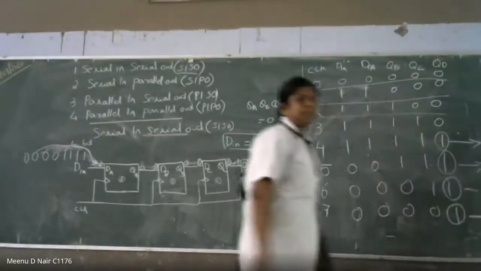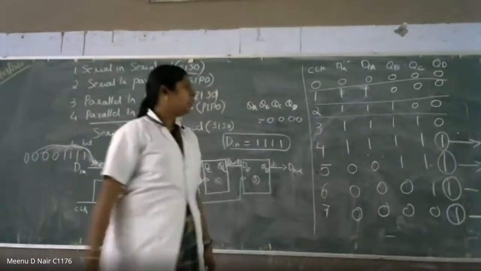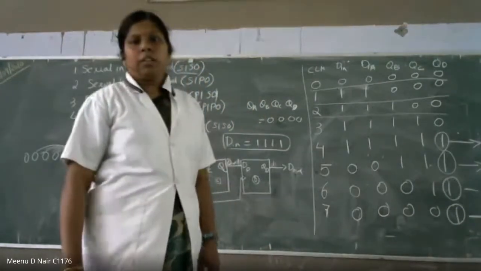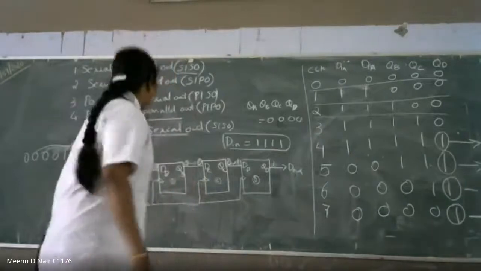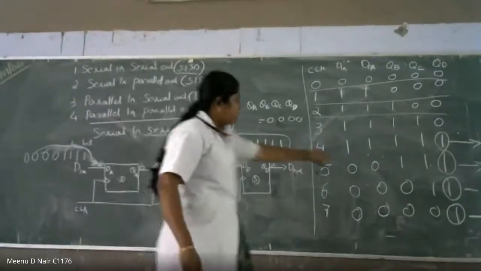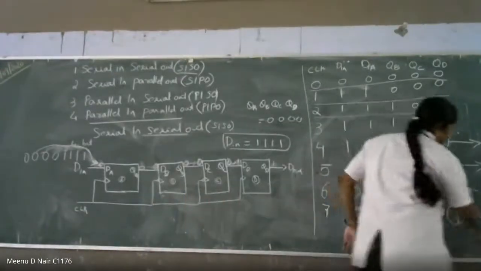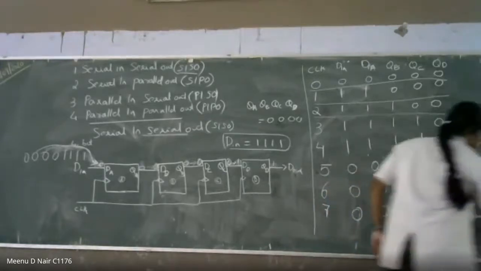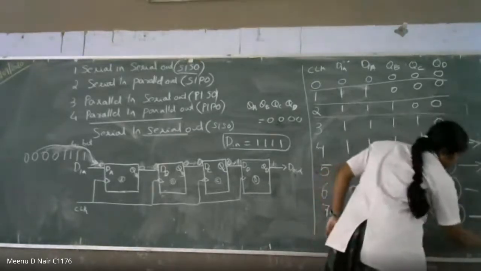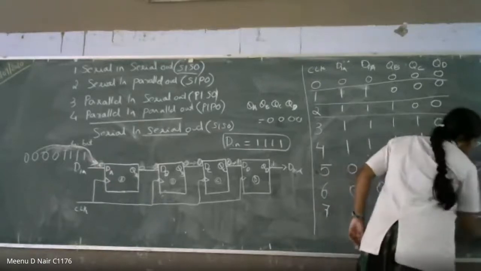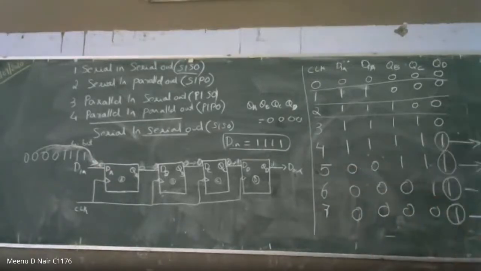So it is outputting all the 4 ones, because this was your input. So you have to write it like this, because this is the last bit, no? So you have to write this one here, then this is the second one, and this is your third one, and this is your fourth one. Okay, so you are outputting 1, 1, 1.